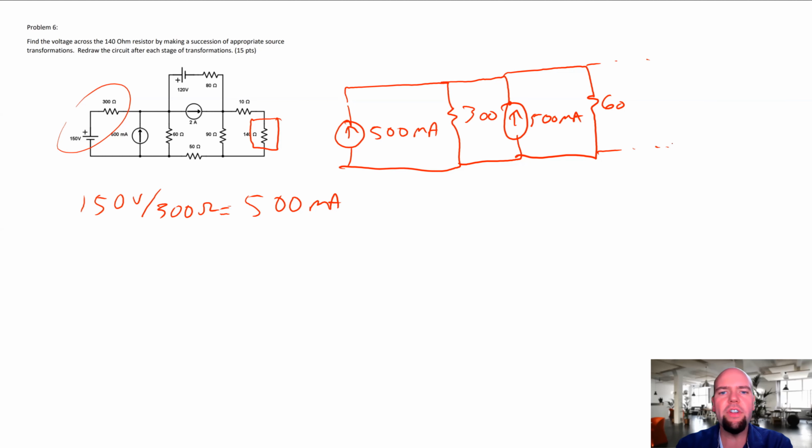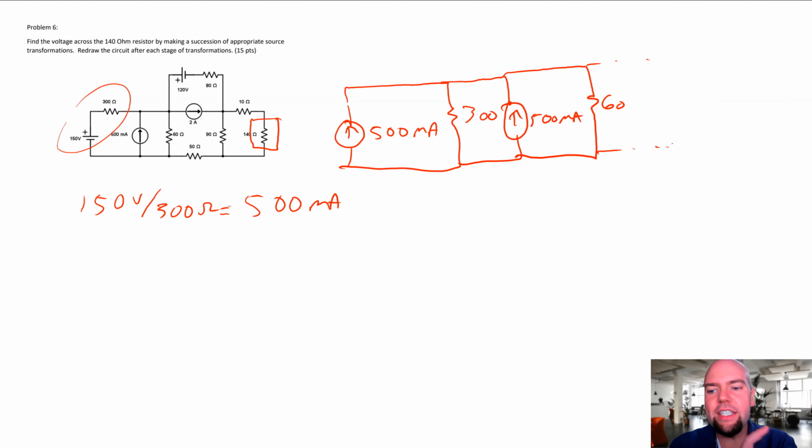Every time you are converting and then reducing, be sure it's clear what changes you're making. I don't want you to have to draw an entire circuit 50 times. I just want you to be clear at every major intermediate step to show me what your intermediate circuit was. That way, if you mess it up, I can see where the mistake happened. That's what I mean when I say redraw.